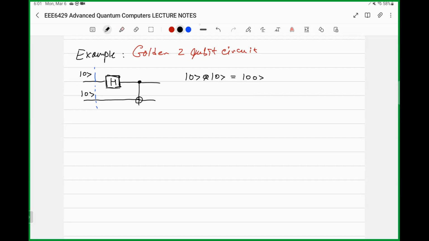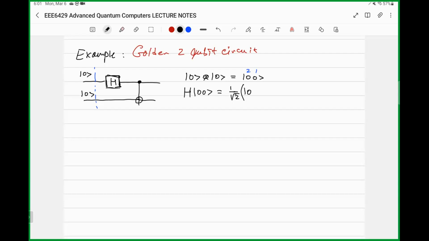But remember that the first qubit is this one, the second one is this one. That's important. Now we apply the Hadamard gate to the first qubit. The first qubit is in state 0, and the Hadamard gate creates the superposition with 1 over square root of 2. The state of the second qubit doesn't change, so it's still 0.